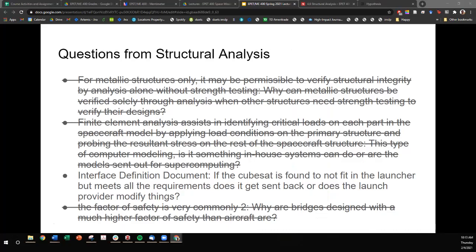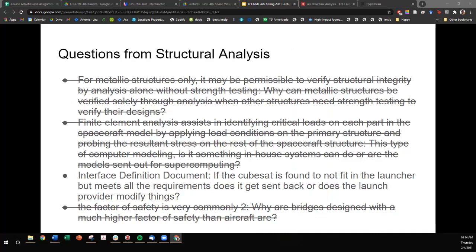Okay. Lastly, the last question I did not get to answer in the process of the slides is, if the CubeSat is found to not fit in the launcher, but meets all the requirements, does it get sent back, or does the launch provider modify things? If the CubeSat is found to not fit in the launcher, then that's straight up not meeting a requirement, and you could very well be at risk of getting it sent back.